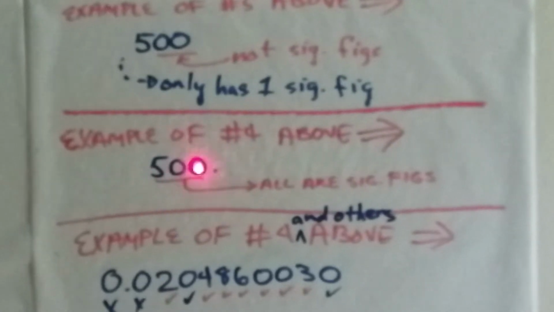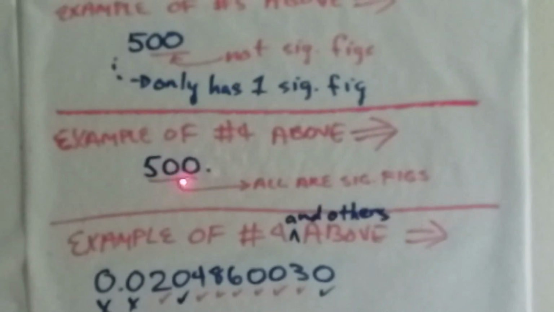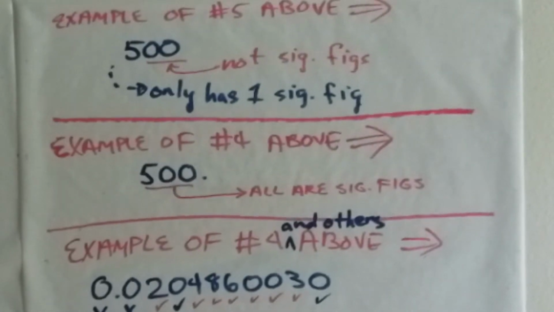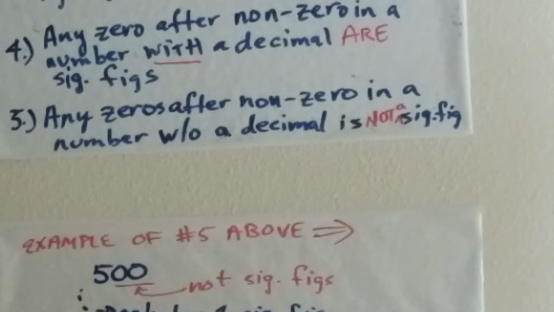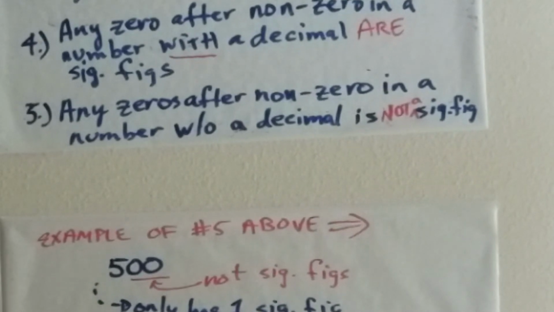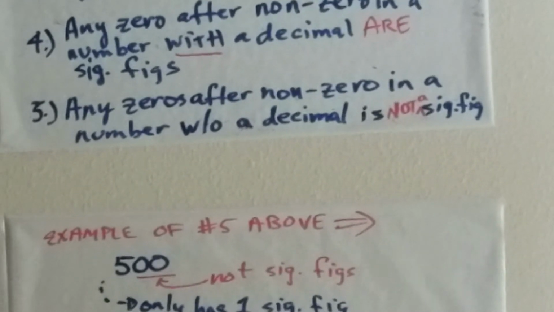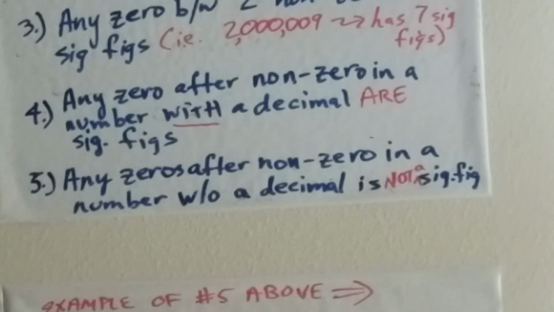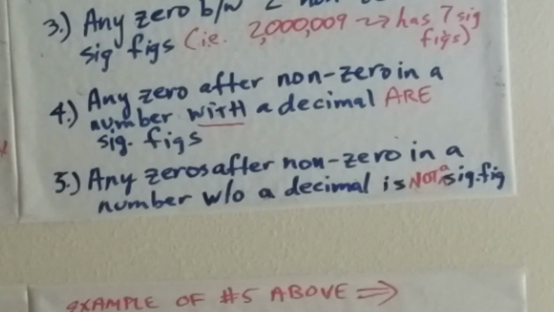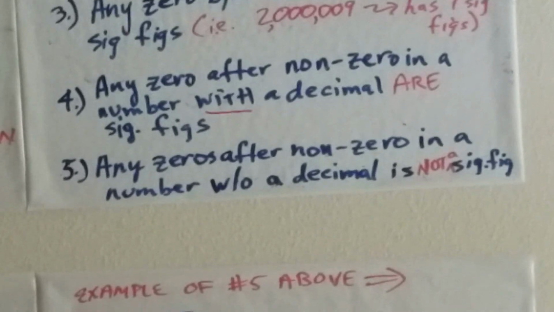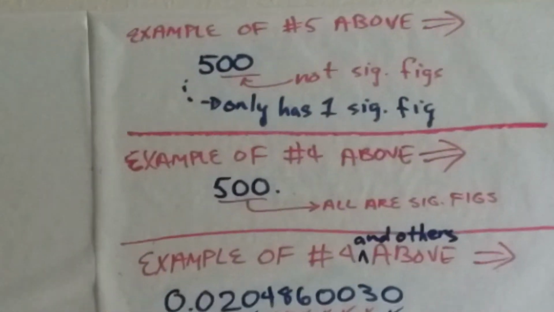So all of these are significant figures. Okay, so one more time. Number 5 says any zeros after non-zeros in a number without a decimal is not, but number 4 says any zero after non-zeros in a number with a decimal are significant figures.